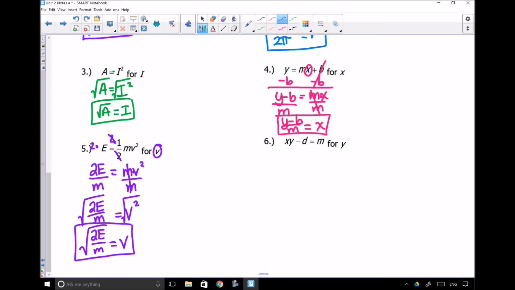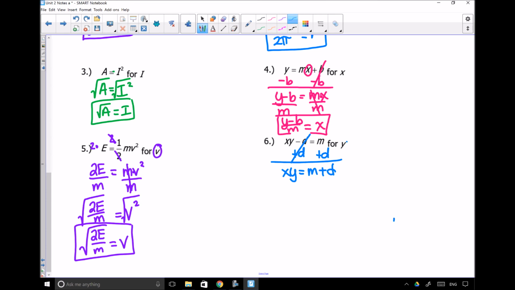So this time my goal is to get the y by itself. So first thing I want to do is get rid of anything that's not touching or attached to the y. So I'm going to get rid of this minus d. Well, the opposite of subtracting d is going to be to add d. So whatever I do to one side, I do to the other side. Negative d and positive d cancel each other out, so I end up getting xy equals m plus d.